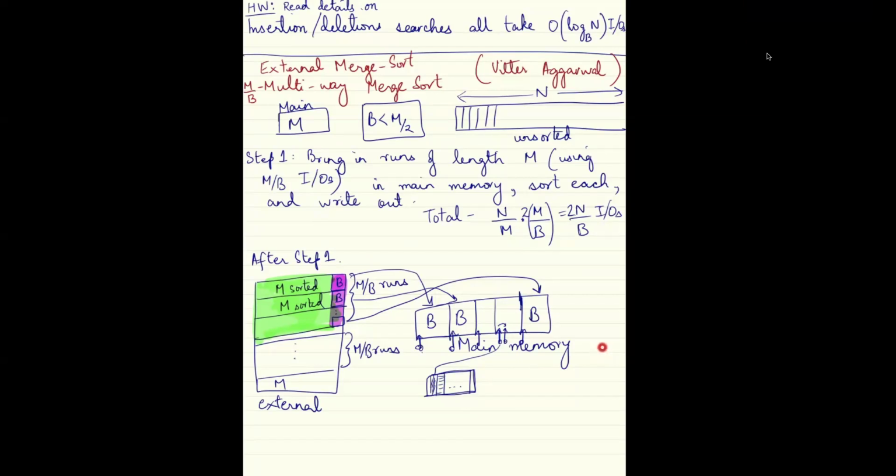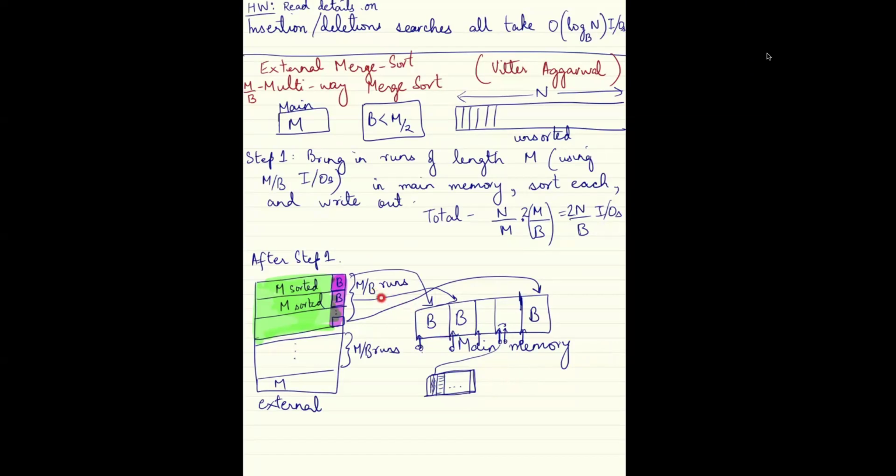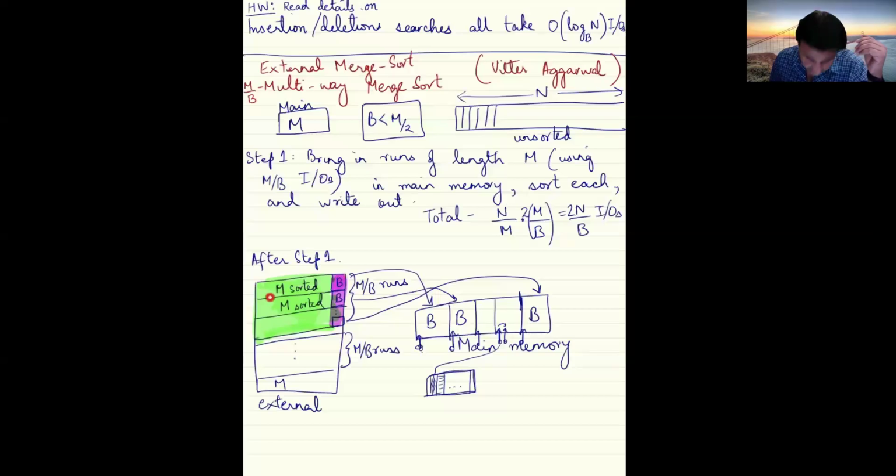They'll contain sorted M over B blocks. I would have actually ended up sorting all of this green stuff, is what I'm trying to say.